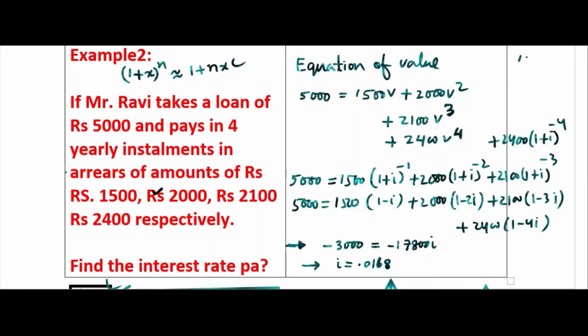See, I can add here. Why I will wait for you? 1500. Here 2000 to 4000. Okay. And here 2100, 6300. Tell me if I am doing any mistake. I have to add all this.